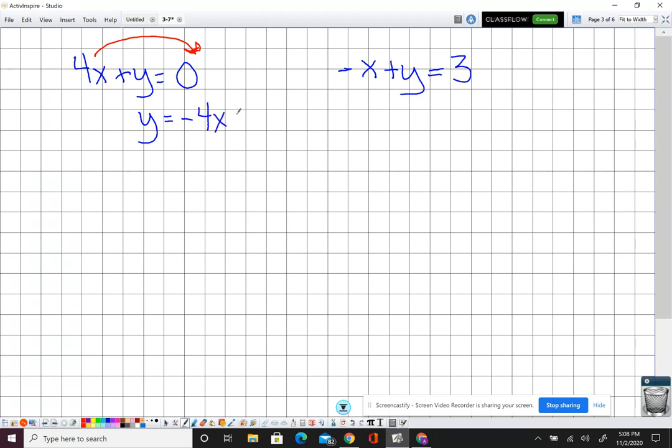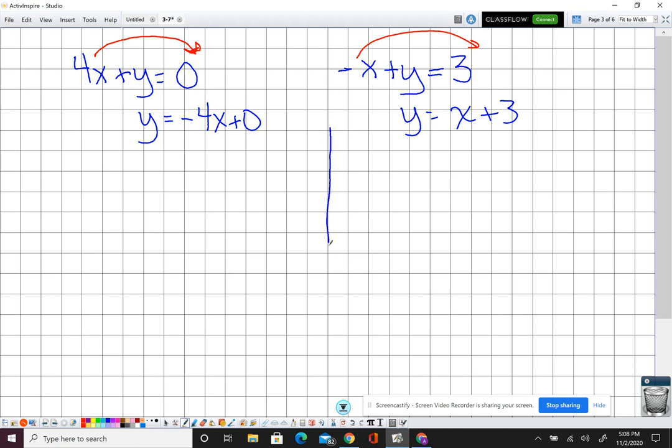There's no number over here, so I'm just going to put a plus 0 to save the place of the y-intercept. Over on this equation, I'm going to move that x term across. It's negative now, so it becomes a positive x plus 3.